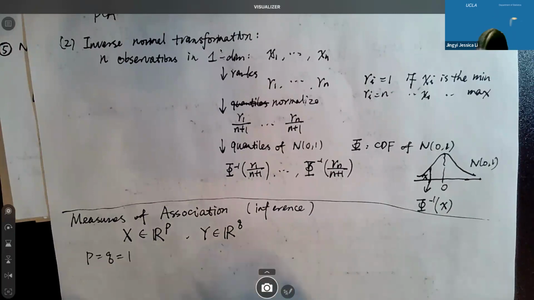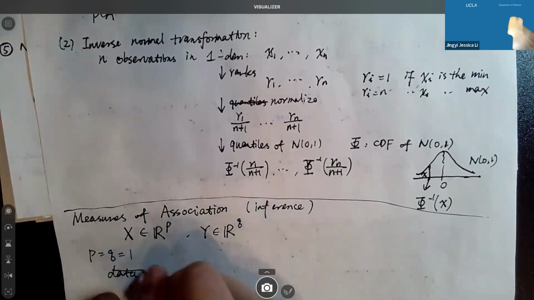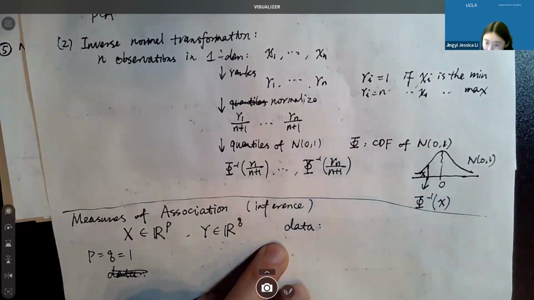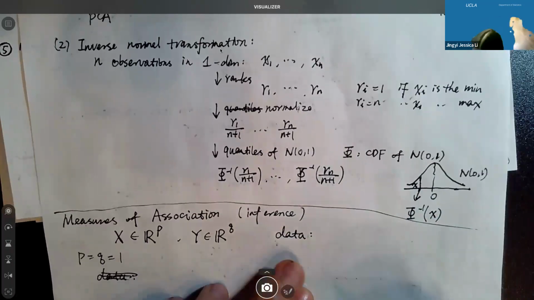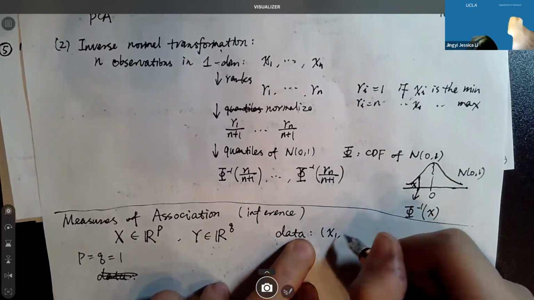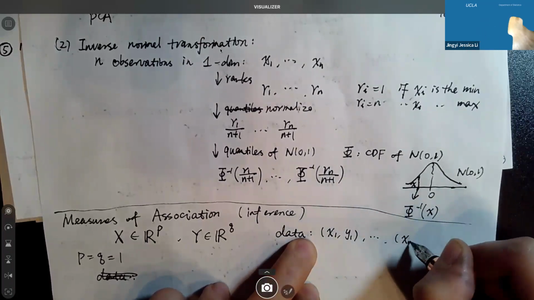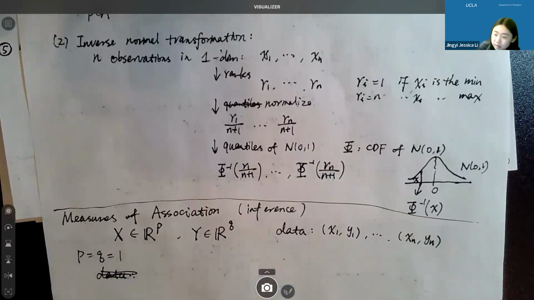But in our data, we have n observations for these variables, and we write them as (x1, y1) to (xn, yn). So n observations about these two random variables measured in pairs.